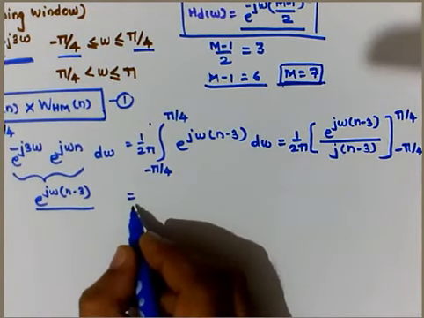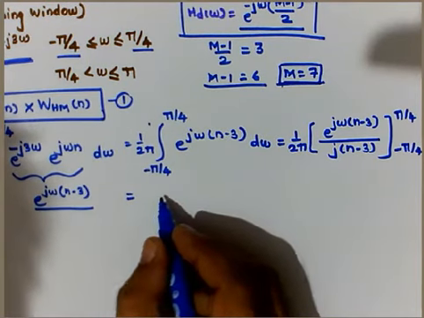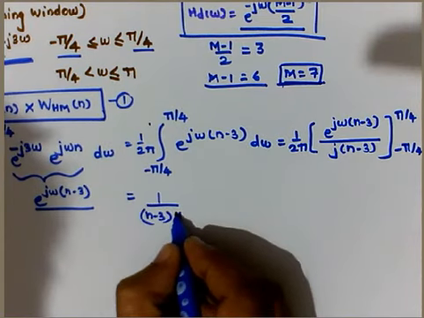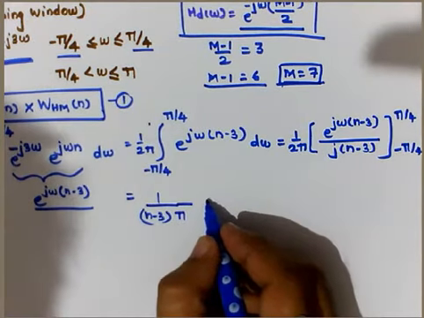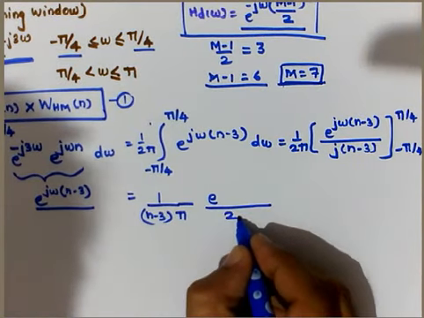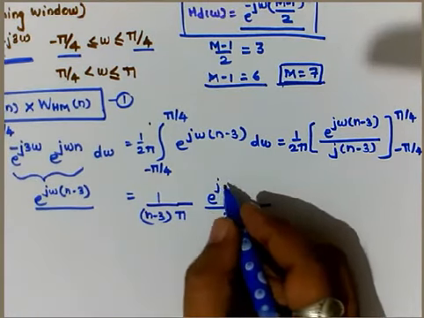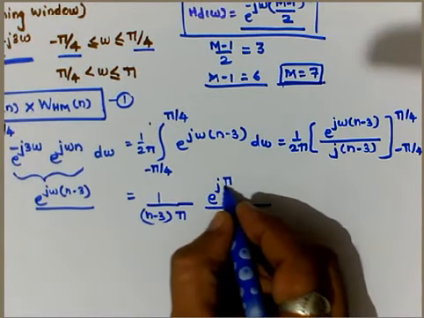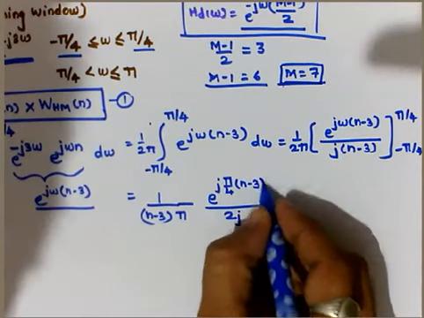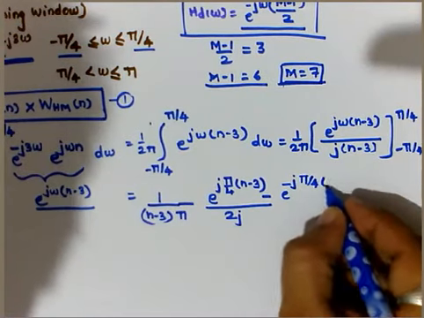So let's solve it further. After simplification and readjusting the terms, it will look like 1 upon n minus 3 into pi, because we want to readjust the numerator as well as the denominator in terms of the sine of the angle. So it can be written as e raised to j pi by 4, that is the value of omega, into n minus 3, minus e raised to minus j pi by 4 into n minus 3.